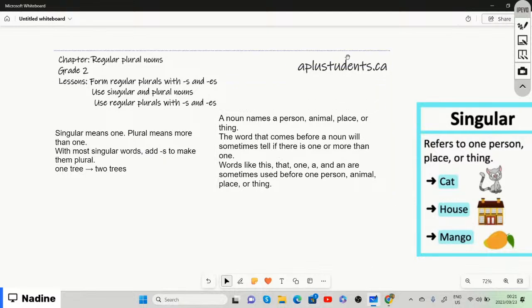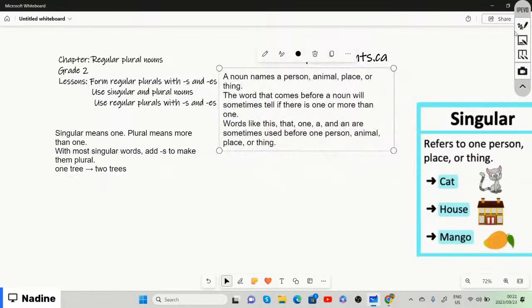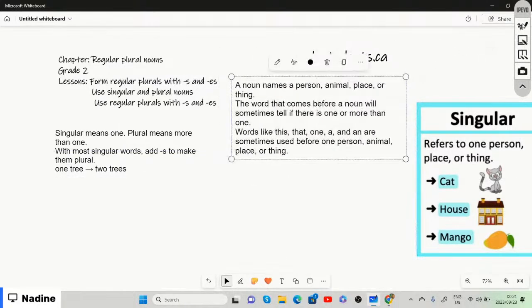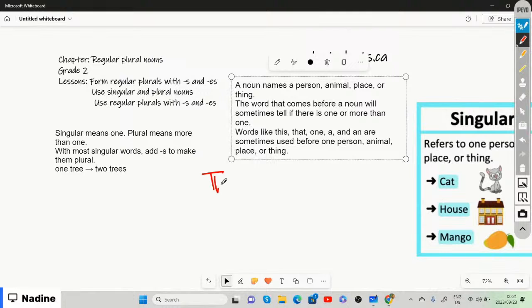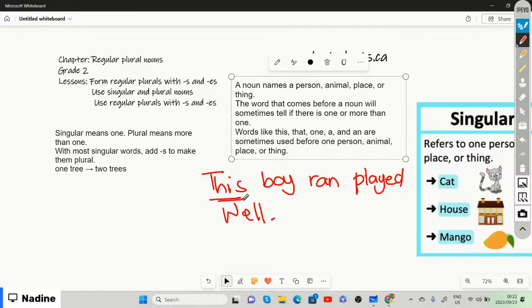So it will be maybe where we say, let's say, this boy ran, or this boy played well, right? So which means that this refers to the one boy that ran well, right?